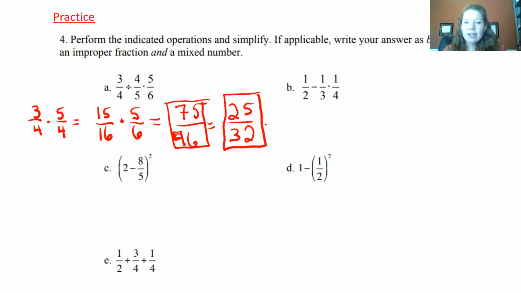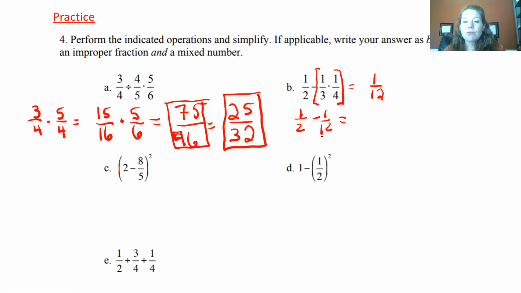All right, letter B, we have to multiply before we're allowed to add or subtract. So just this section right here, we're ignoring 1/2 minus for a minute. So on the second part of it, we're going to multiply. 1 times 1 is 1, 3 times 4 is 12. So now we're going to do 1/2 minus 1/12. You have to have common denominators.